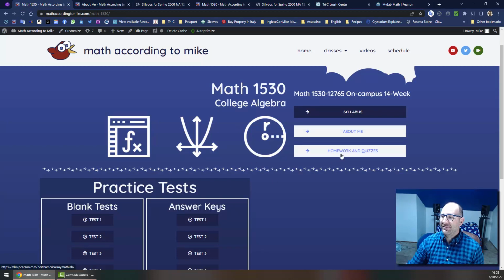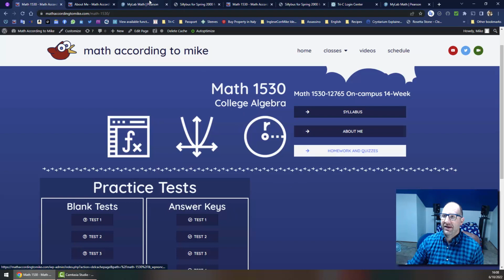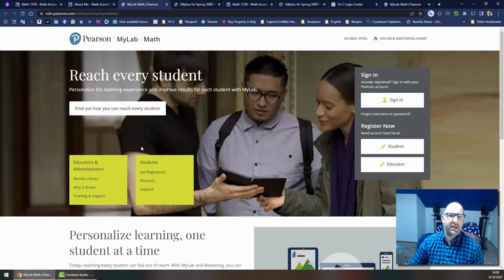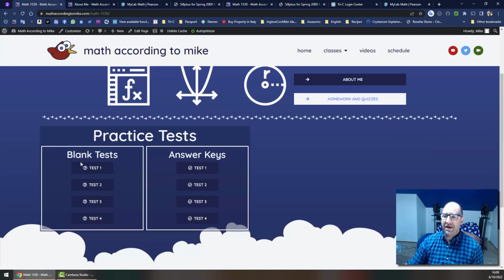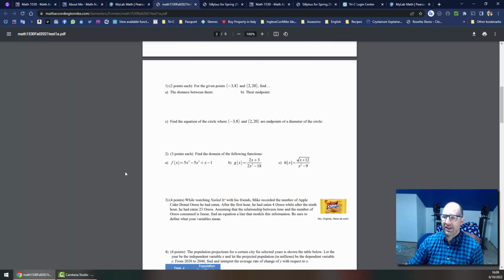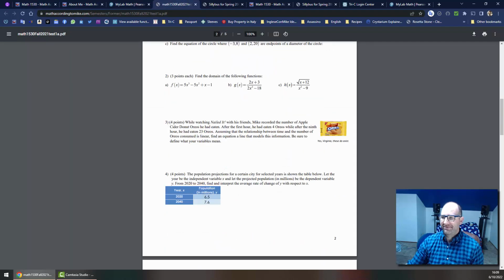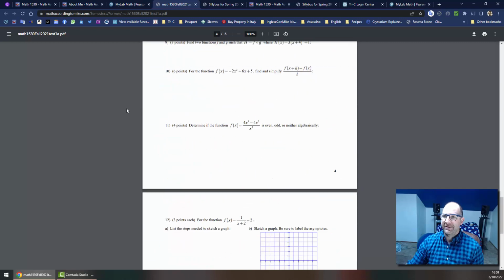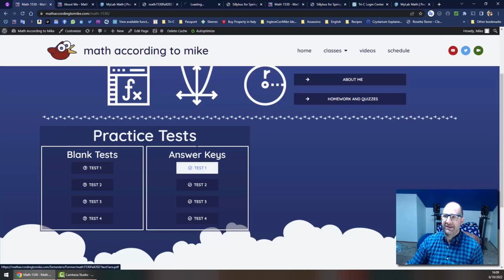And then below that is homework and quizzes. If you click that, this will be one of the other sites that we need, the Mymathlab, which we'll get back to. And then these are the practice tests. These are the blank copy of the test. This is the test that was actually given to the class. And then next to it is the corresponding answer key.